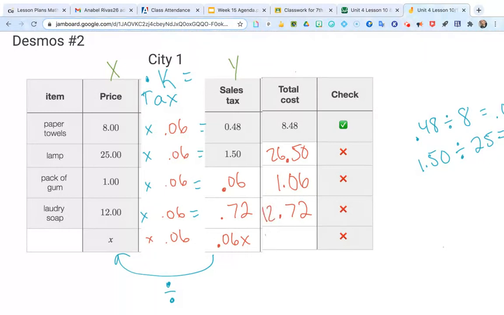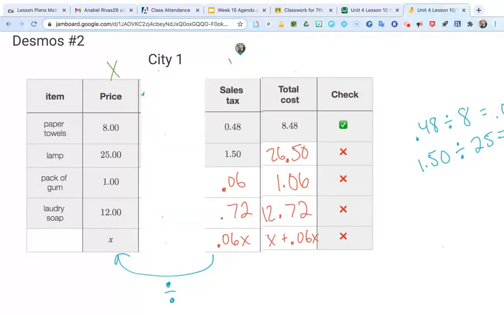And then x plus 0.06x, we're just going to mush them together. So in the end, you should have that written down right there. So that's my table.